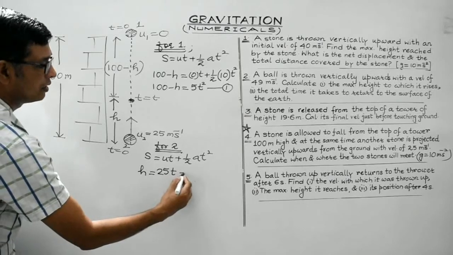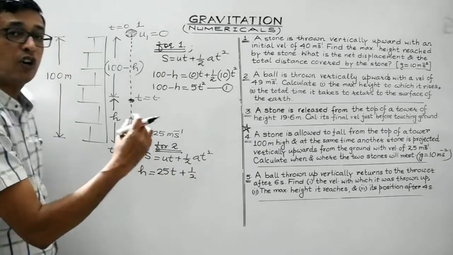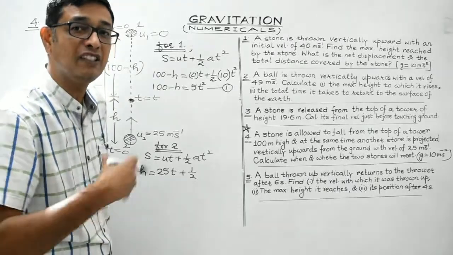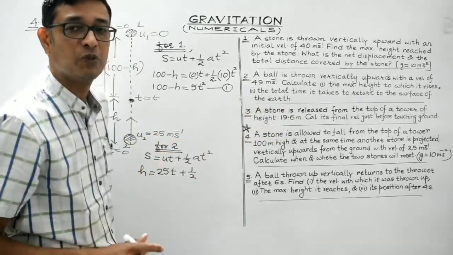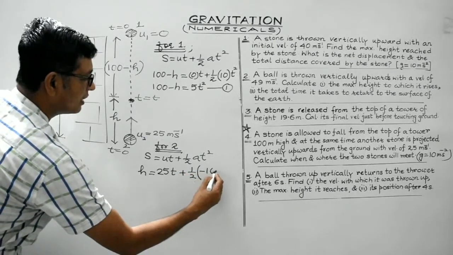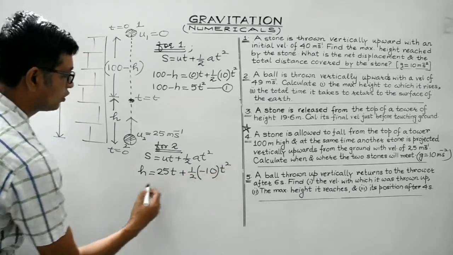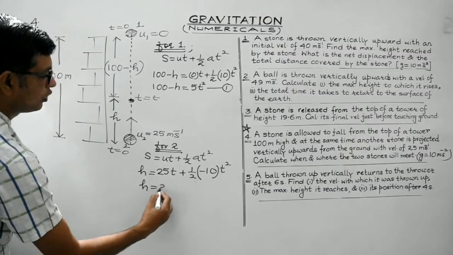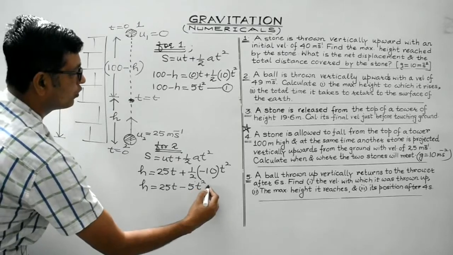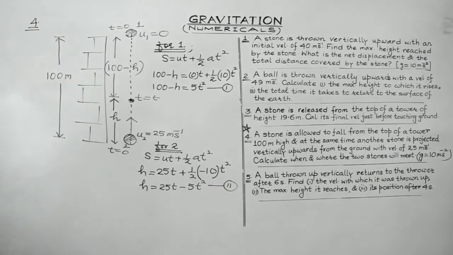Time is t. Here the body is in vertically upward motion, so a is to be replaced by minus g, and g as per the question is to be taken as 10. So a is written as minus 10, into t square. So what we get is h is equal to 25t minus 5t square. Put this as equation number 2.